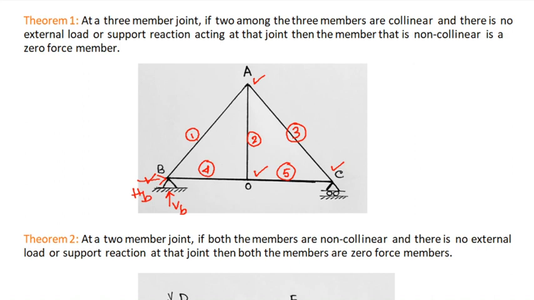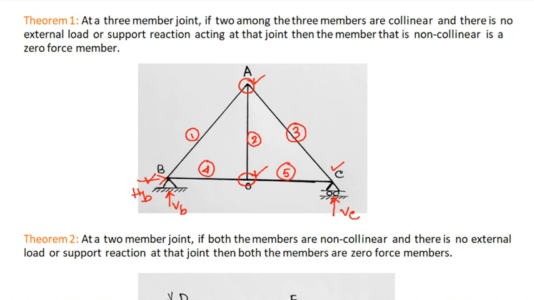Similarly, at joint C, since it's a roller support, it will have a vertical reaction, let it be VC. So the leftover joints which are not carrying any external load or reaction are A and O.